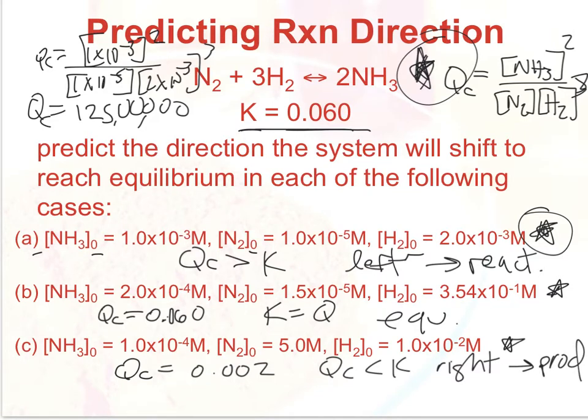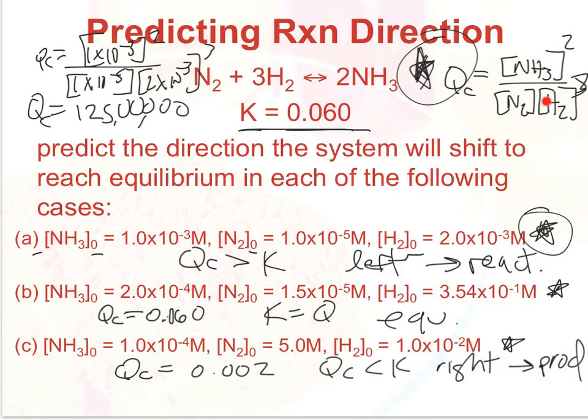So once again, what you're going to do in these types of questions: you've been given K, you've been given a balanced equation, you write your reaction quotient with respect to your molar concentrations in the same way you'd write your equilibrium expression with respect to K. The only difference is instead of using equilibrium concentrations, you're going to be using initial concentrations.